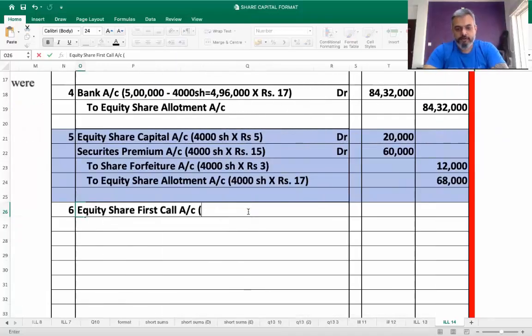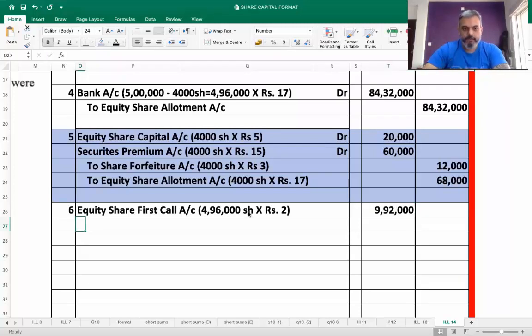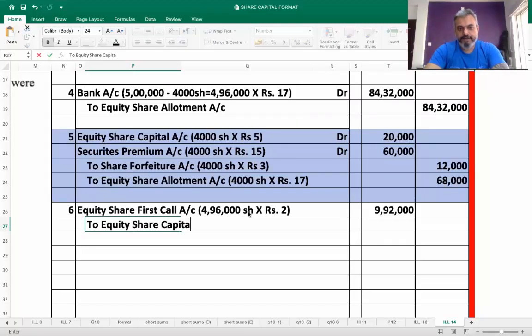Let's write the amount, 4,96,000 shares into first call of rupees 2 per share. So 9,92,000 to equity share capital account. No premium, so directly 9,92,000.